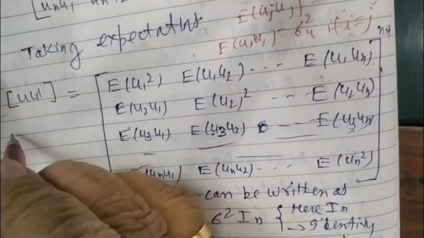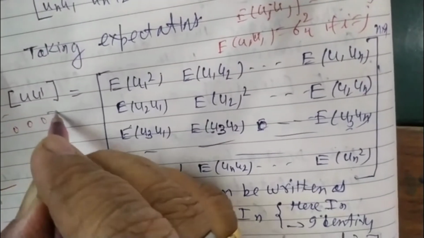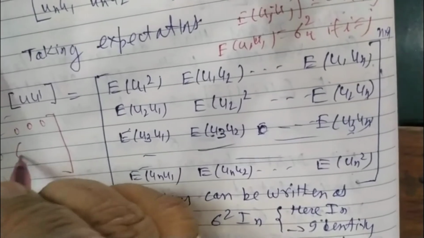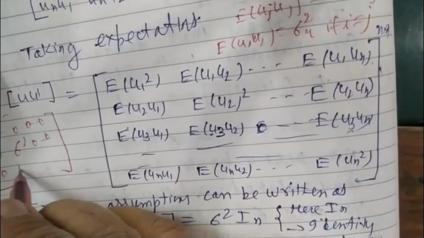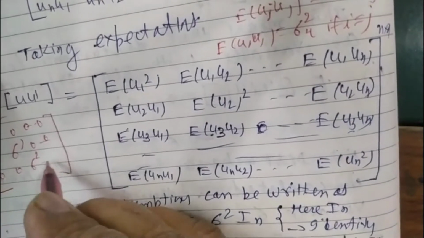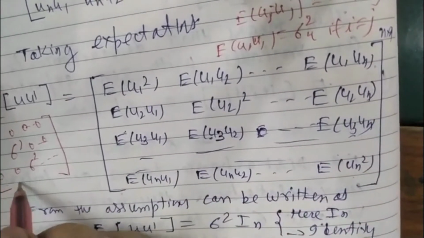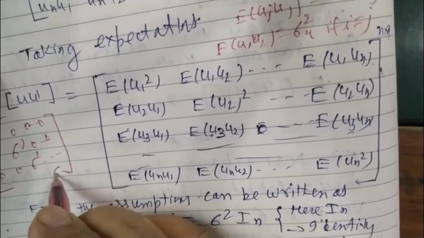sigma square 0 0 0, 0 sigma square 0 0, and so on, 0 0 0 sigma square. It is this one.